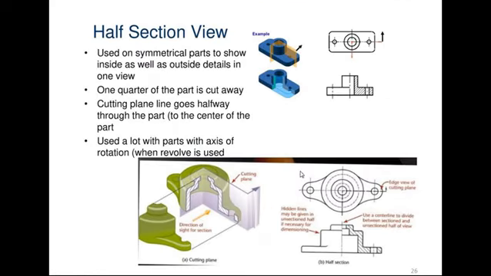One more example is shown below. This is the object. We have removed this portion, and whatever remains we have shown by hatching lines. So this is what remains. It is a symmetric one, because of this we only show one side.